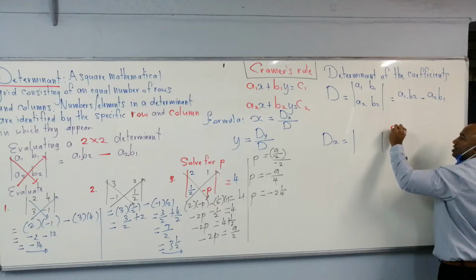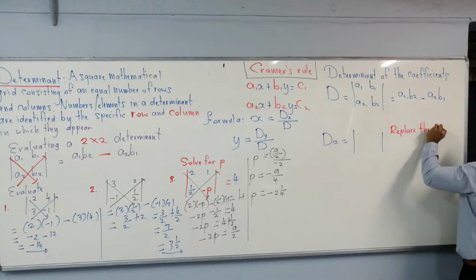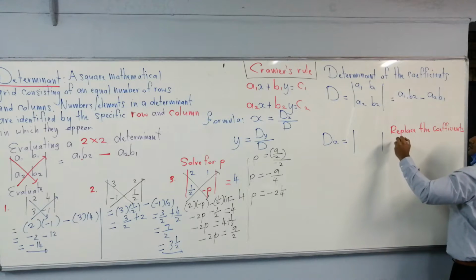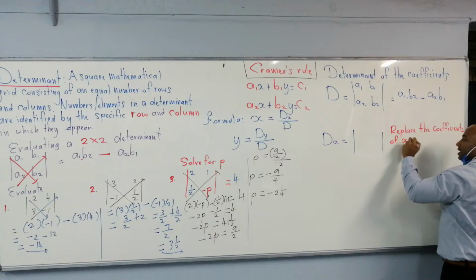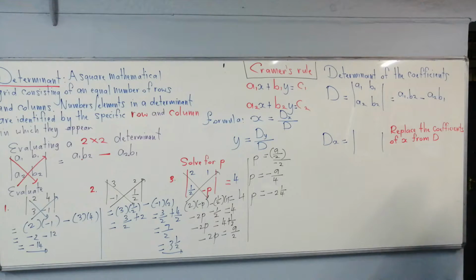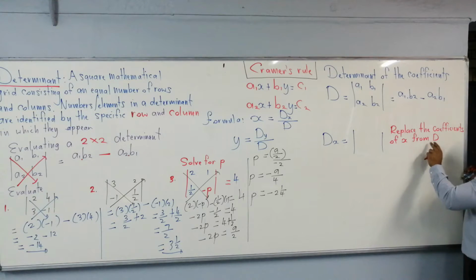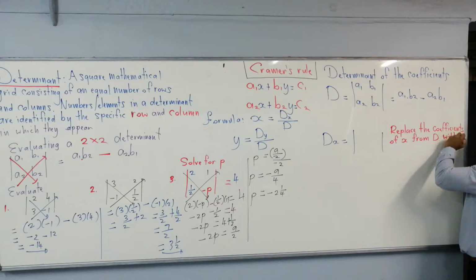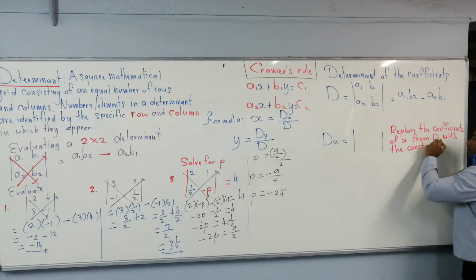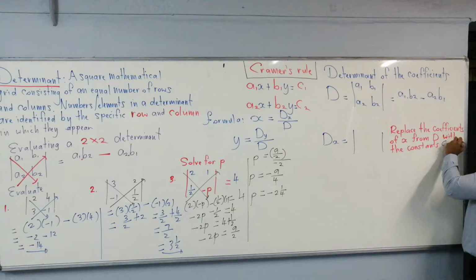So here, you need to replace the coefficients of x from D. That means you go back to D, replace the coefficients of x from D with the constants. The constants from the original equation are C1 and C2.